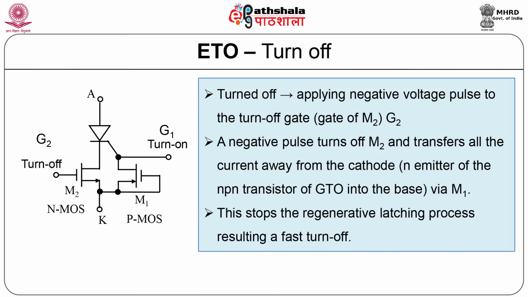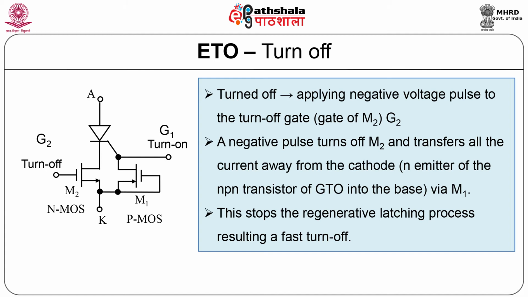To turn off ETO, a negative voltage pulse is required for the turn off gate. After applying the negative gate pulse, the NMOS, which is in series with the thyristor, will turn off. Therefore, ETO will turn off.